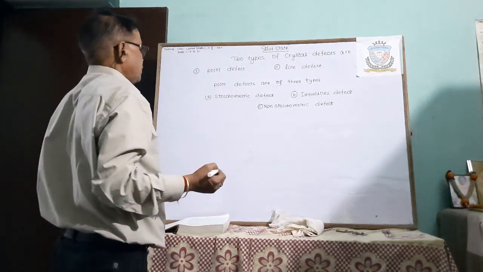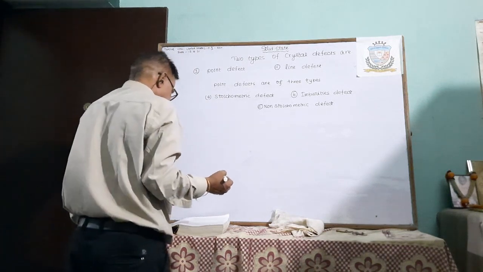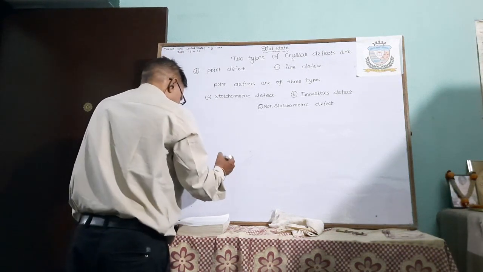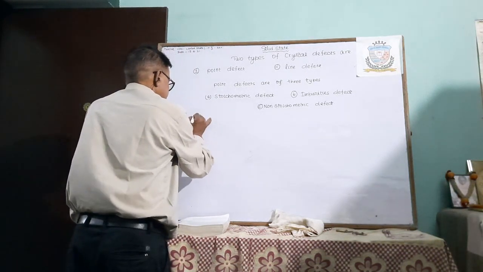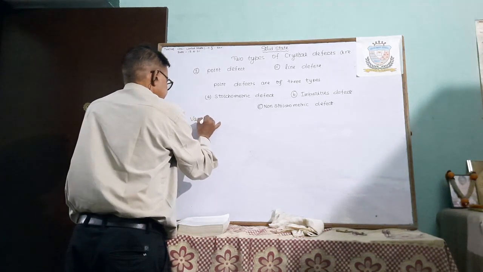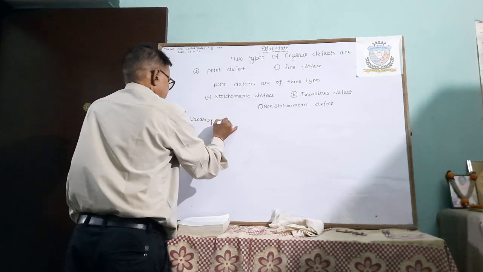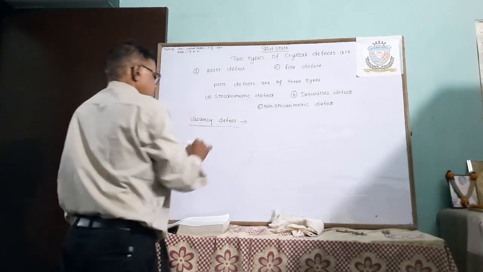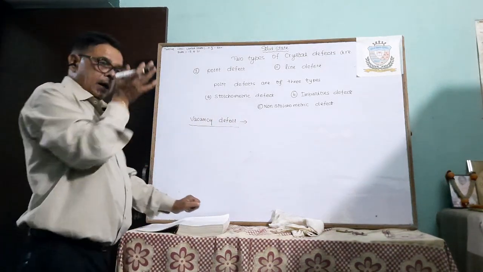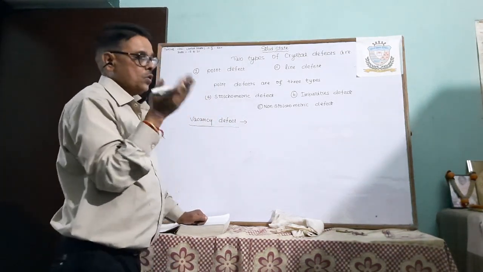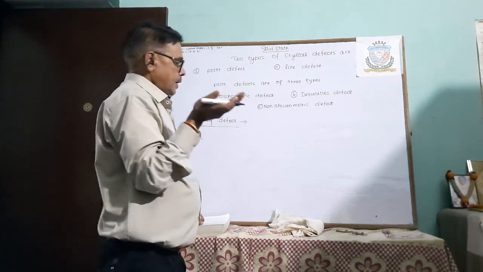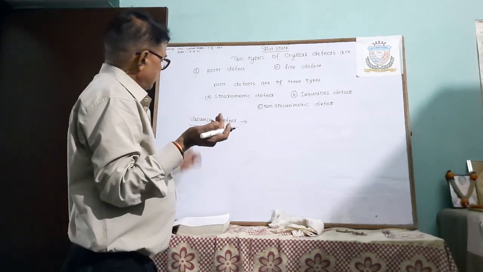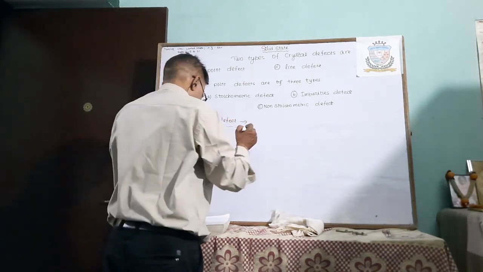See, we are starting with the stoichiometric defect. This is the vacancy defect, first point. As we have discussed, at a temperature higher than 0 Kelvin, the cations and anions are dislocated in the crystal, and this dislocation or migration causes vacancy defects.